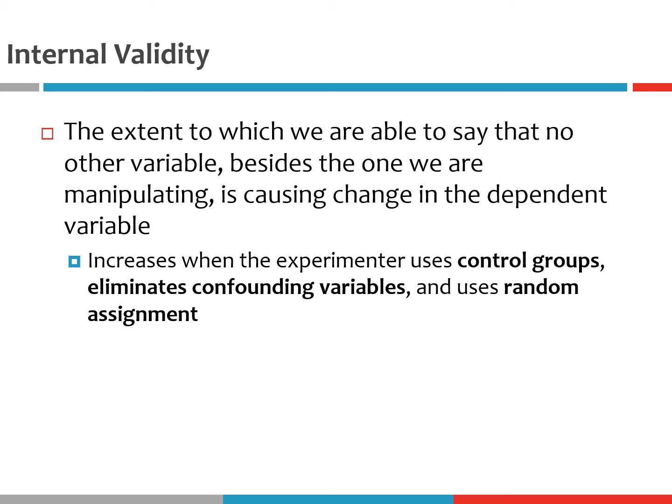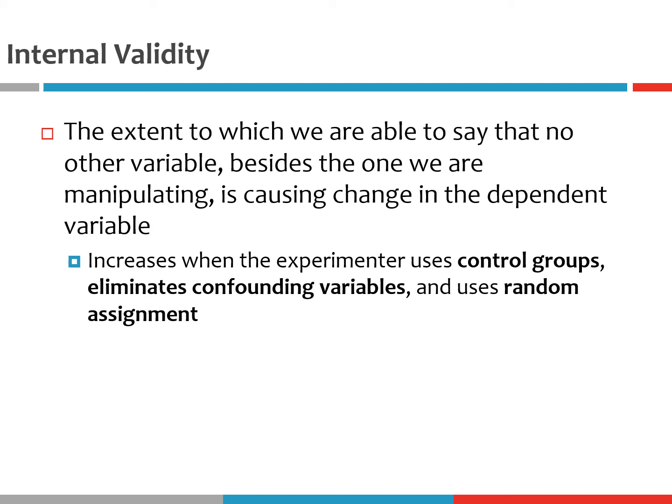And one of the best ways we can eliminate confounding variables is by using random assignment, right? And not only by using random assignment, but also making sure that the procedures that our participants go through are going to be identical across groups, except for whatever we're actively manipulating in the independent variable, right?